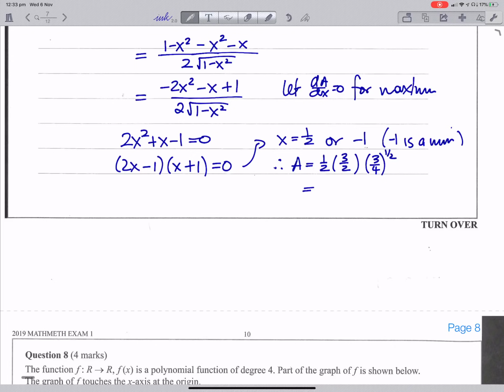So what do we end up with? 2 on the bottom, so 8, 3 root 3 on 8 square units.